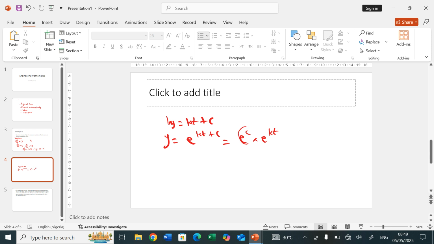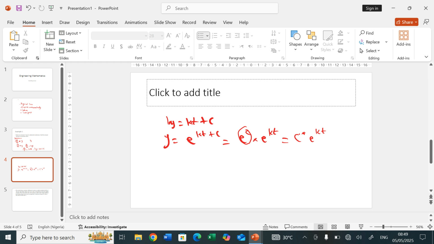This exponential c is a constant on its own, so we can just put it as another constant, c star, times exponential kt. So now we have been able to express the physical law guiding this process, and we have been able to solve the model. This is the solution of the model. But this is just a general solution. We need to get a particular solution.